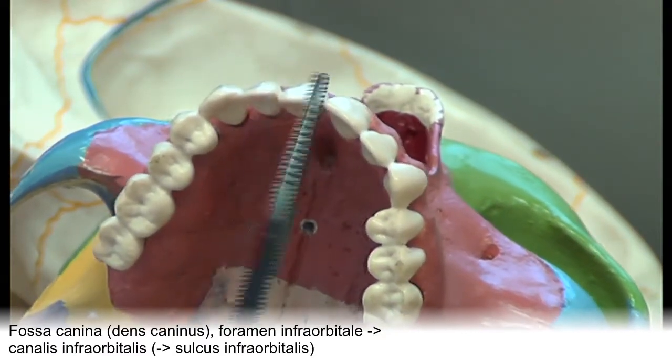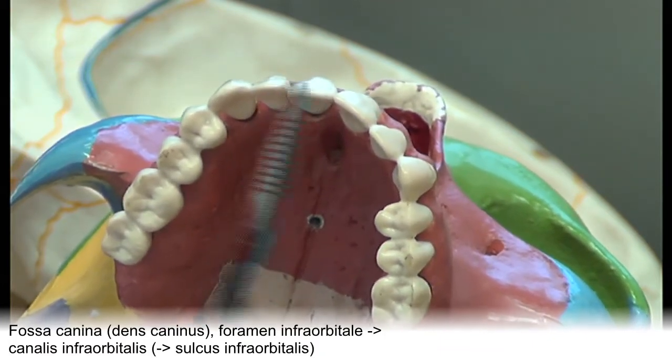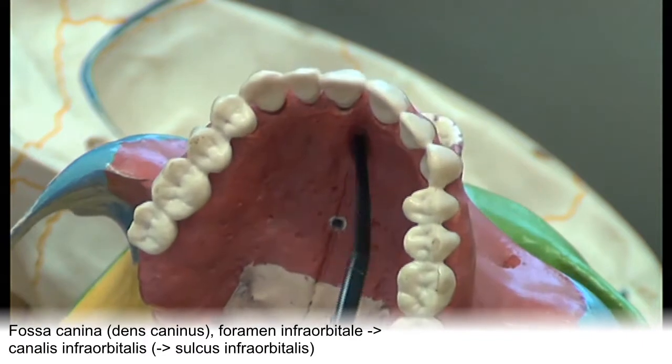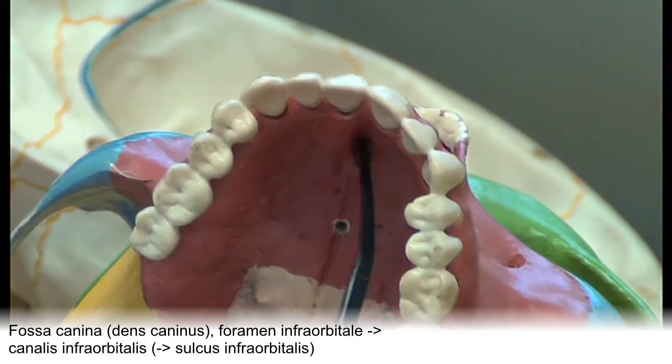And that's why, if it's dentes incisivi, this canal is called canalis incisivus.